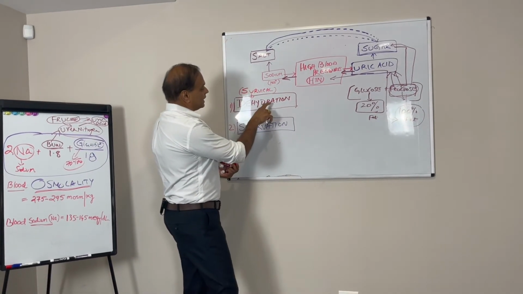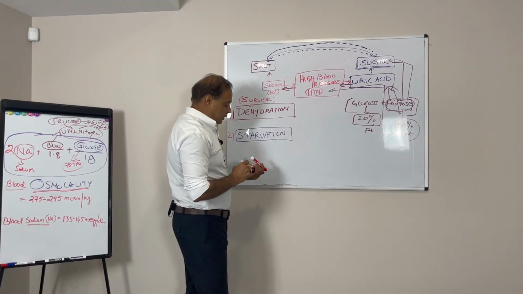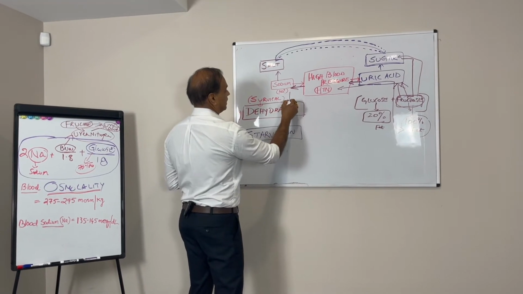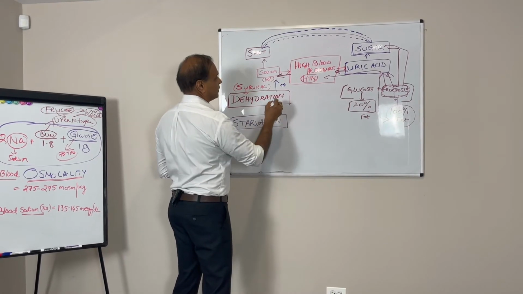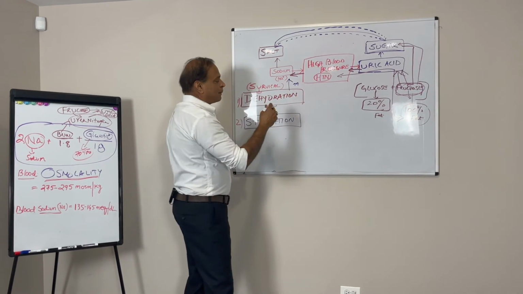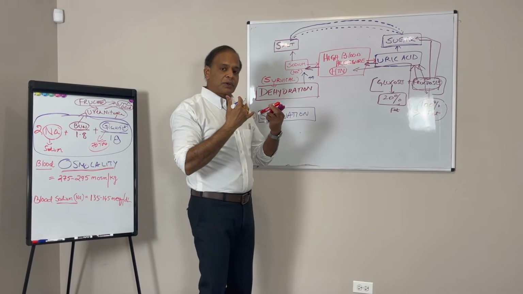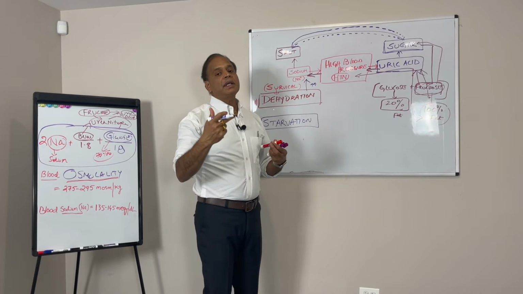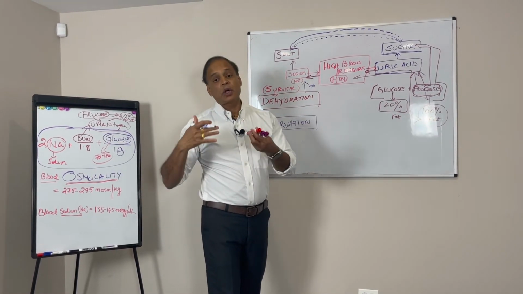So whenever there is a dehydration signal, which is a survival signal, then your blood sodium goes up. And when your blood sodium goes up, the blood pressure goes up. So what happens when you are dehydrated? As a consequence, because your blood pressure goes down and your sodium concentration goes up, the body tries to make up by increasing the blood pressure. So it's a compensatory auto-regulatory mechanism.